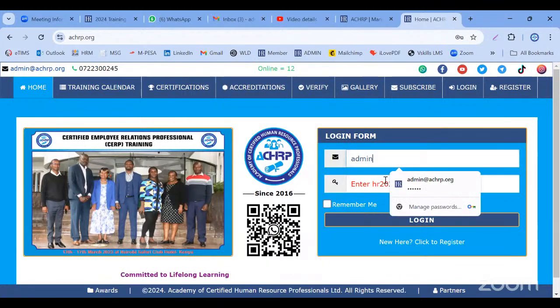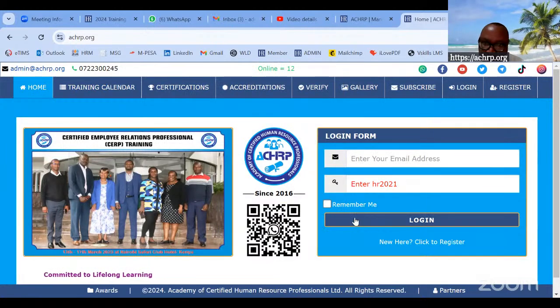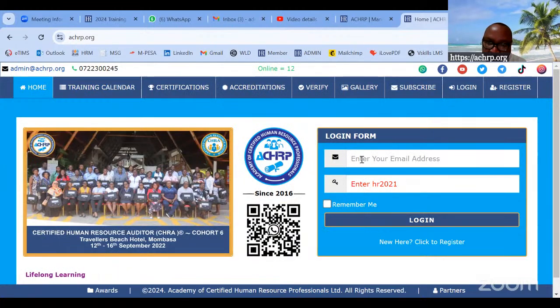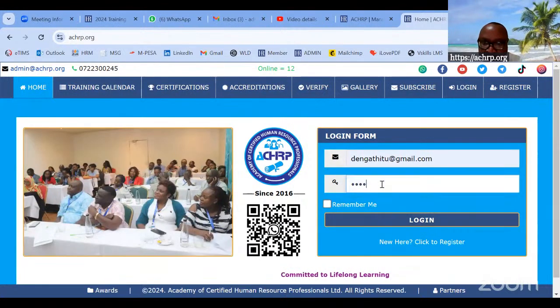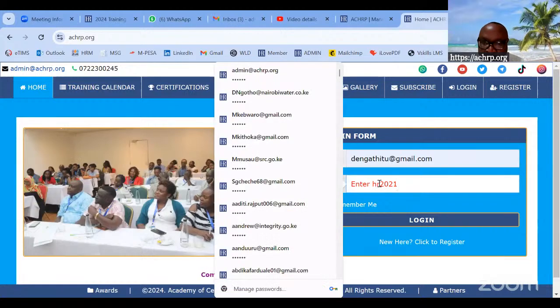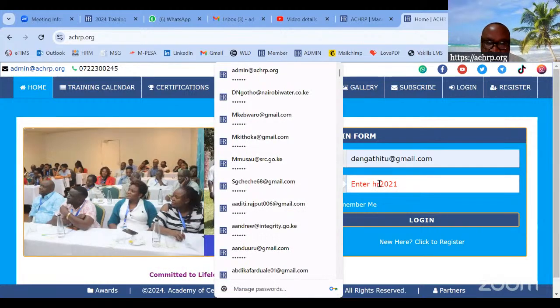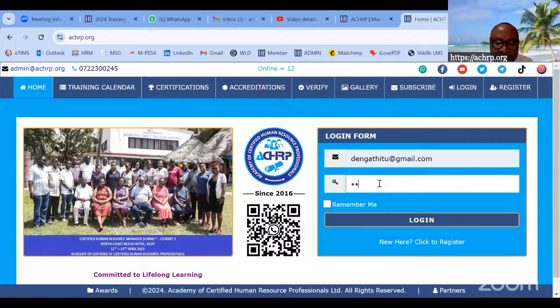To log in, you enter your email address. The password is very simple. It says enter HR 2021. Do exactly that. Type HR 2021 in lower case, and there you go, you log in.